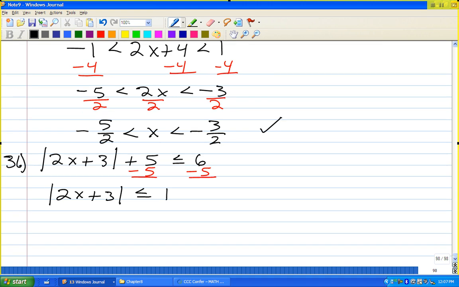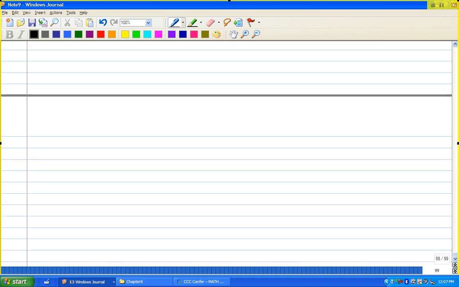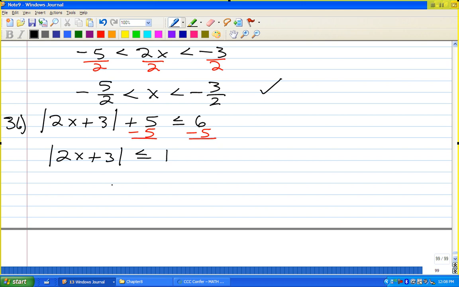So therefore, what's inside the absolute value, 2x plus 3, is between -1 and +1. Okay, let me subtract 3 from all sides of my inequality in order to isolate x in the middle.